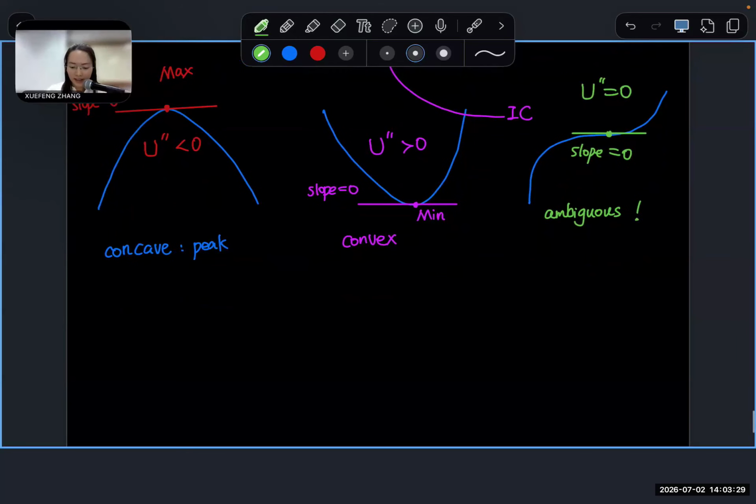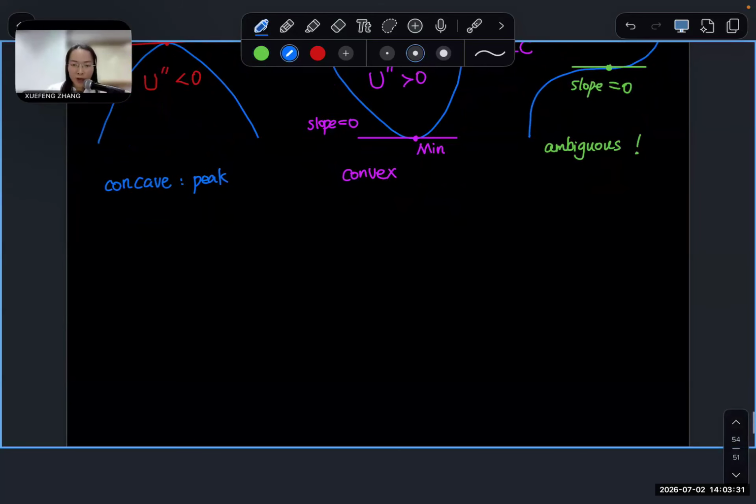Okay, our utility function, u equals x to the power half, y to the power half, is a Cobb-Douglas utility function. Have you heard this before?